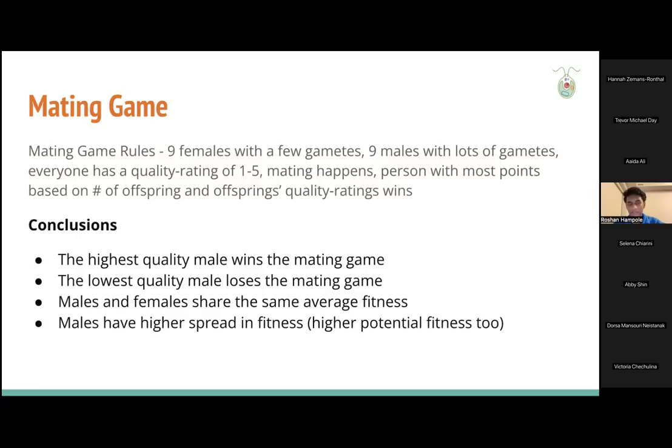They don't elaborate on it too much in lecture, but it does intuitively make more sense if you consider the fact that females are choosy, which gives males a reason to want to compete to be better and better, and for them to want to have a higher potential fitness. That's why their fitness varies more. Next slide.